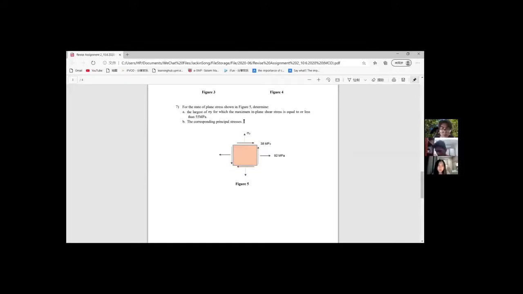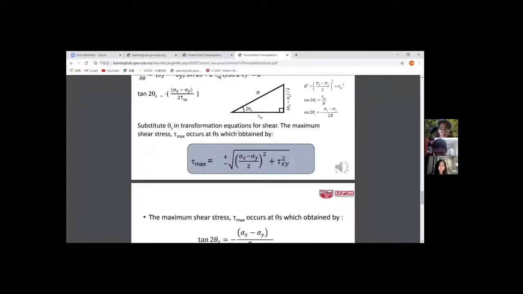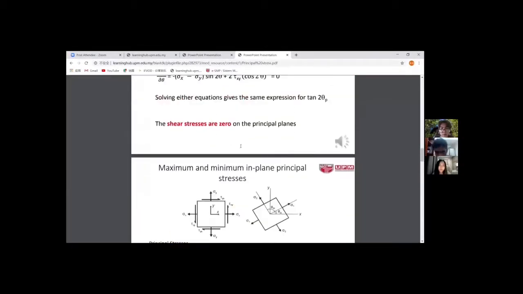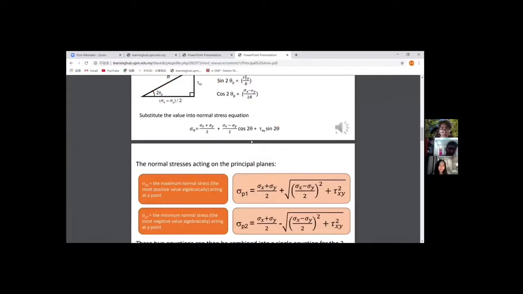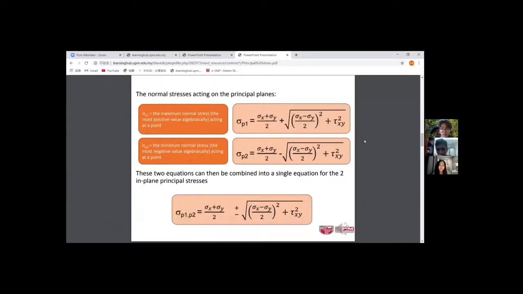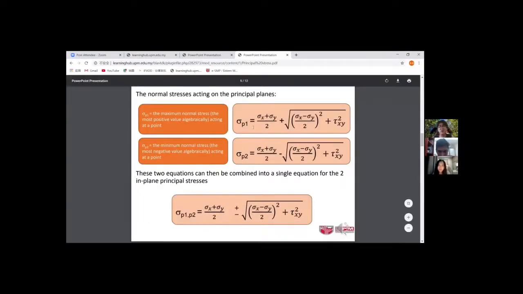the corresponding principal stresses. For this question, we can use this formula to calculate the normal stress P1 and the normal stress P2.